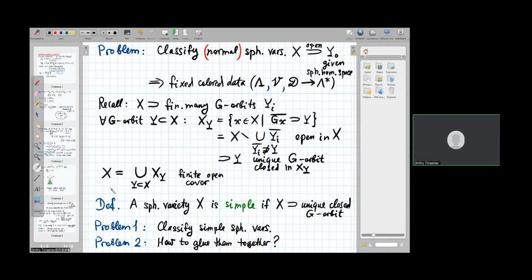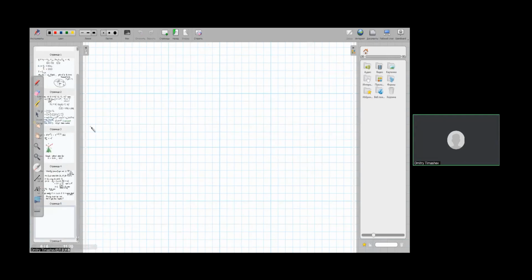We'll solve both problems, but first we start with the first problem. So now let us suppose for a while that our variety X is simple.